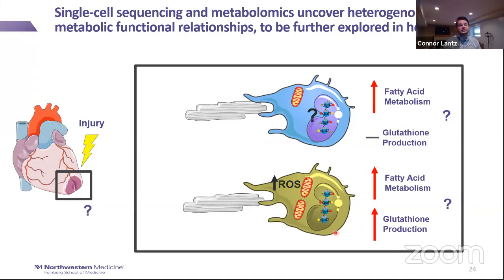So moving forward, a lot of the big questions that future investigations are aimed at answering is, one, does this different metabolic reprogram translate to cardiac macrophages, particularly after myocardial infarction injury? Do I see a conserved increase in this fatty acid metabolism, and do I see distinct changes within glutathione production of cardiac macrophages?